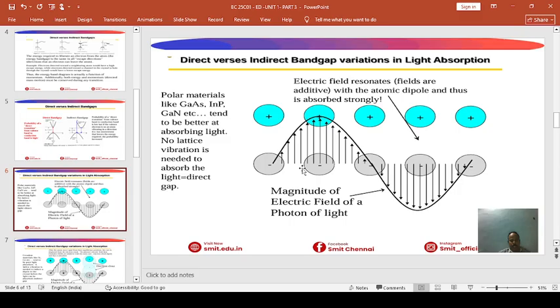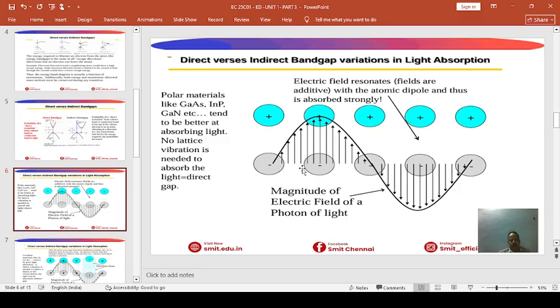Now, N naught and P naught represent the equilibrium electron and hole concentrations, whereas N and P represent the carrier concentrations under external conditions. Delta N and delta P represent the excess carriers. These excess carriers may be positive or negative.